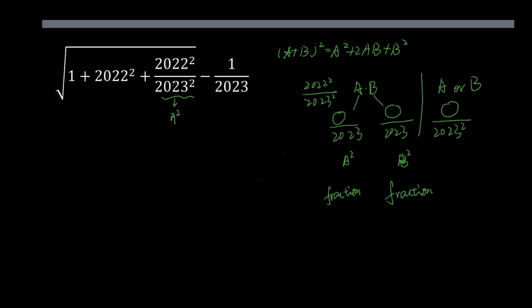That doesn't match. And for this case, this squared is also a fraction. So in this case, at least 1, 2 fractions inside the square root. It doesn't match either, so let's wipe them out.